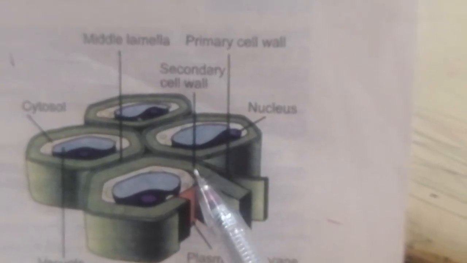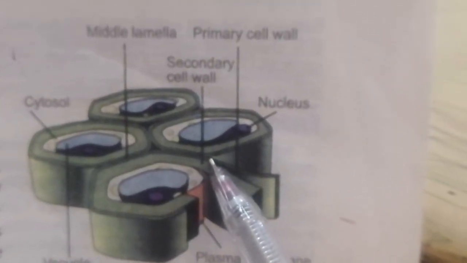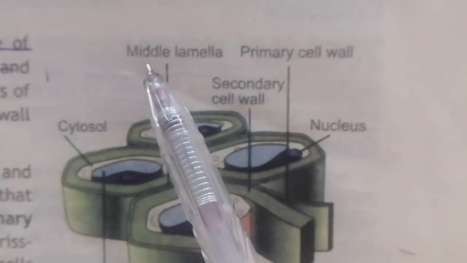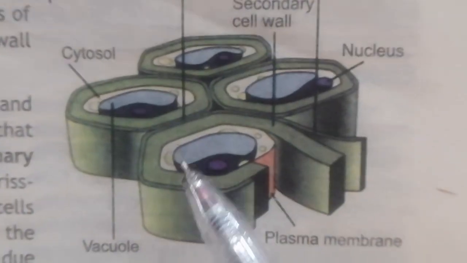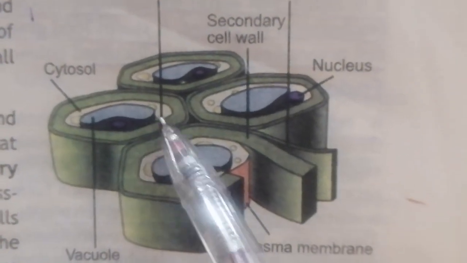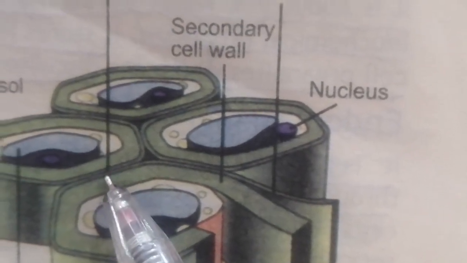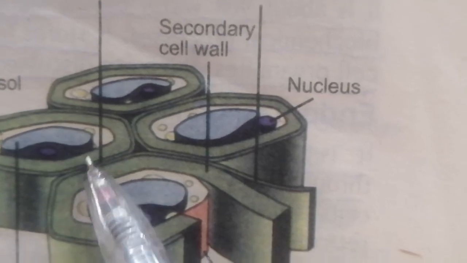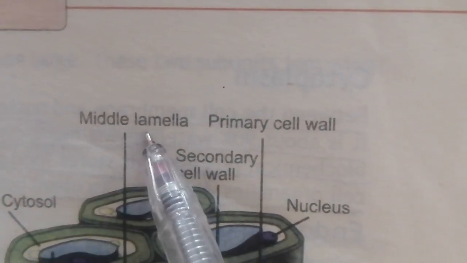So this broad portion in these 4 plant cells is called secondary cell wall, while the middle layer, called the middle lamella, is present here between the 2 plant cells. This middle line which is present between the 2 primary cell walls is given the name middle lamella.